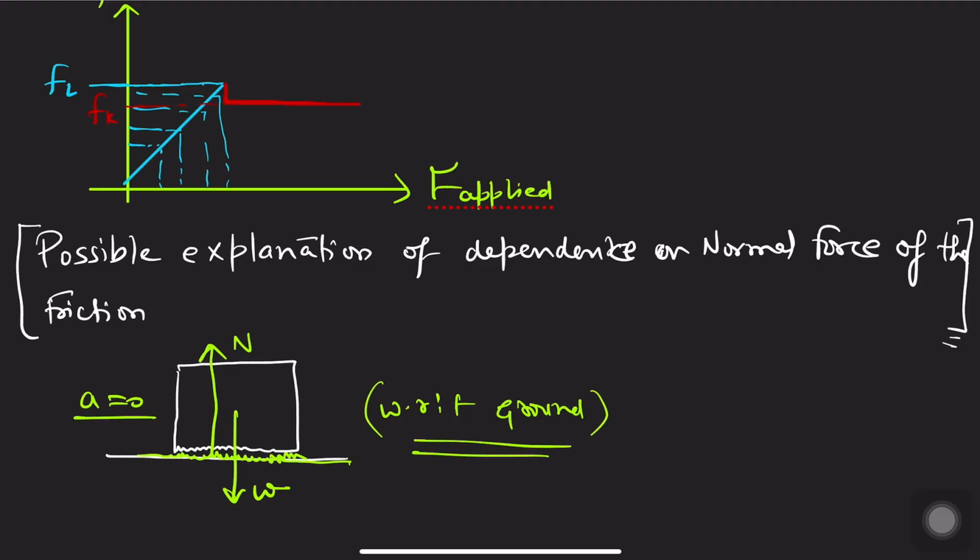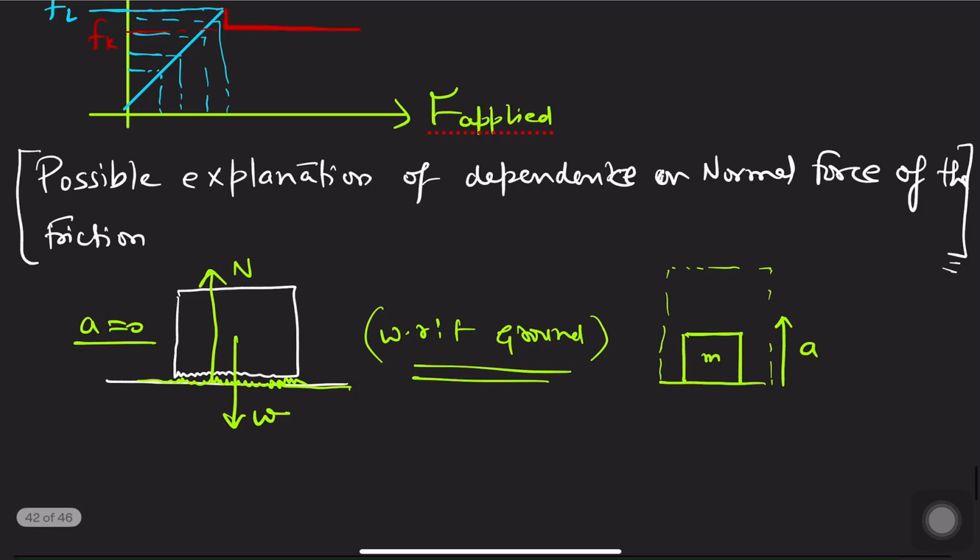But if you take even a small body and put it in a lift which is accelerating in the upward direction, then whether you see from the ground or from the lift frame, the normal force is going to increase, that the body is applying on the surface, or the surface is applying on the body.